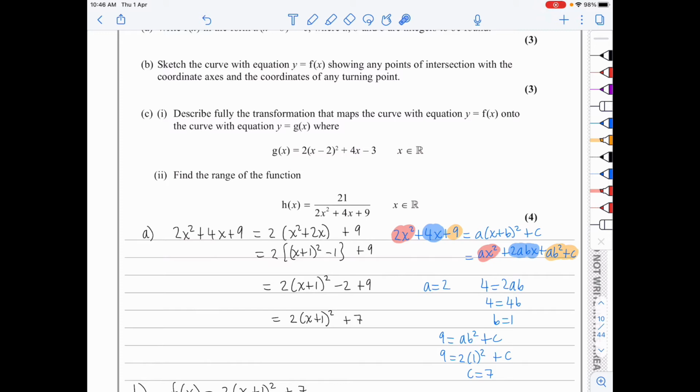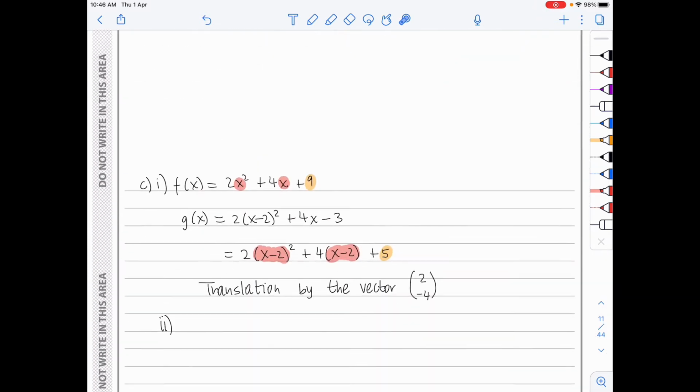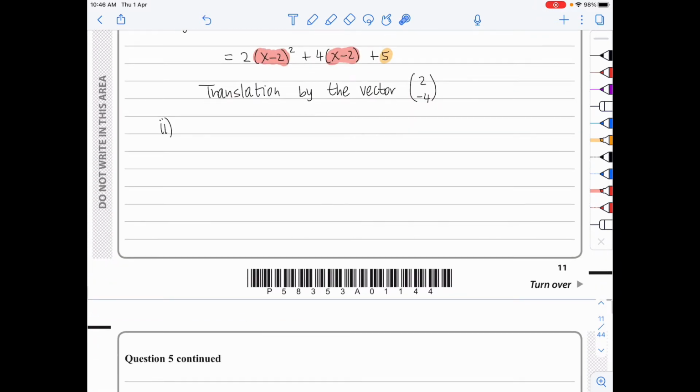So what I plan on doing is actually start from what we were given, the 2x squared plus 4x plus 9, which we have written as 2(x plus 1) squared plus 7.